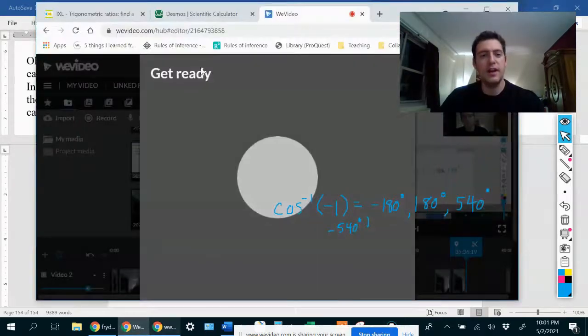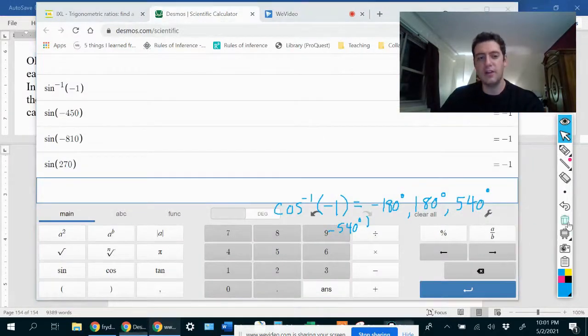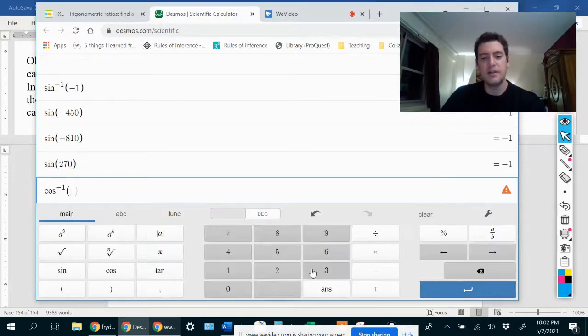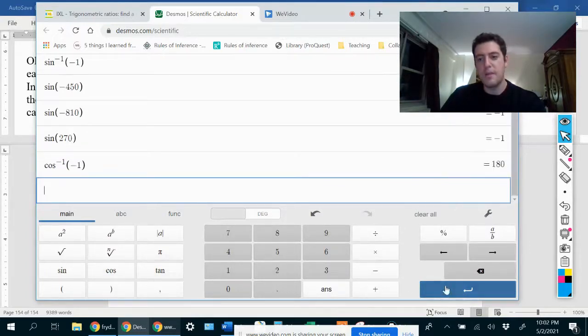So let's go to the calculator here, and just to see that, click on functions, click on inverse cosine. What did we want to do now? Back to main. Inverse cosine of -1, it's going to give us positive 180, not negative 180. So in the case of a tiebreaker where the absolute values are the same, the positive number wins.